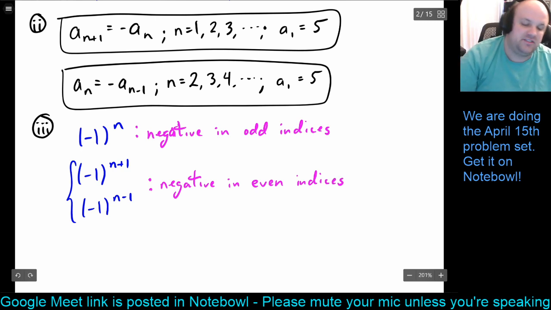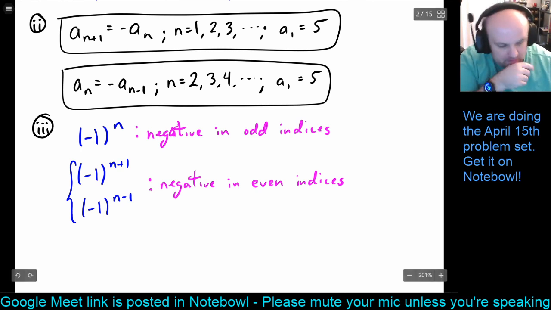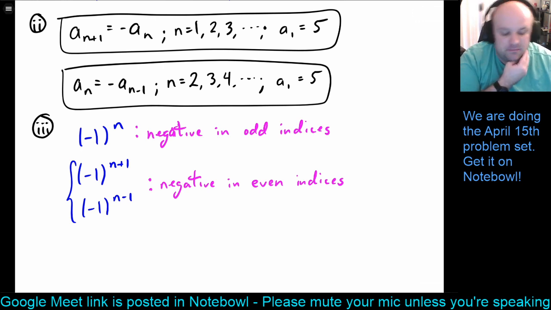So when n is 2, 4, 6, 8, and so on, that's when these are negative. So if you have something that's going to bounce back and forth between positive and negative numbers, there's a decent chance you're looking for one of these.